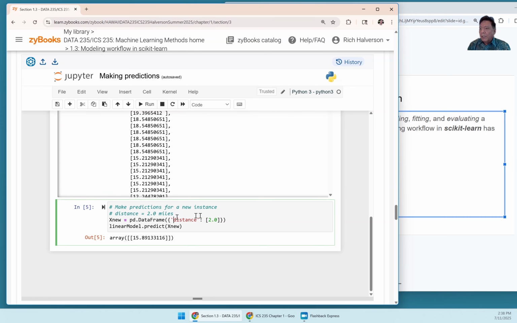Here we're going to test it with some data. We're going to predict the price of a cab ride when the distance is 2 miles. This is how you input a distance value here.